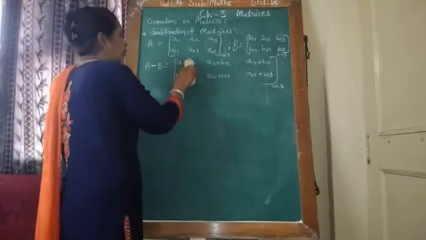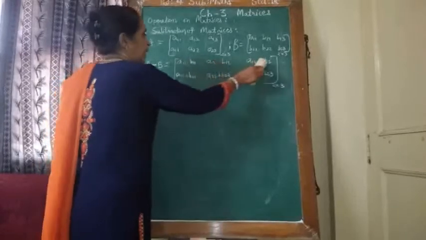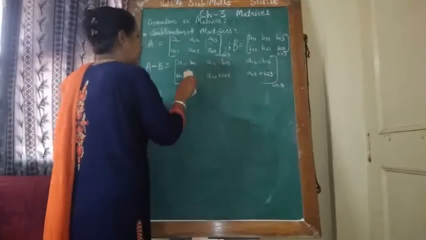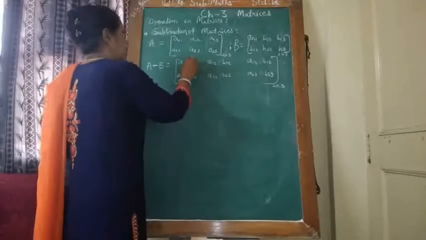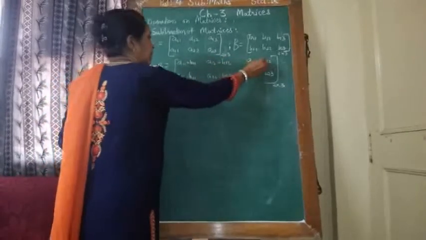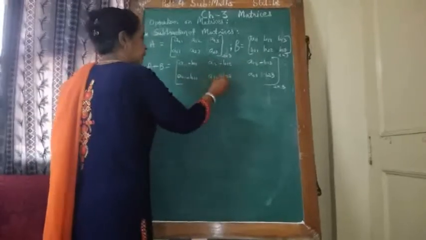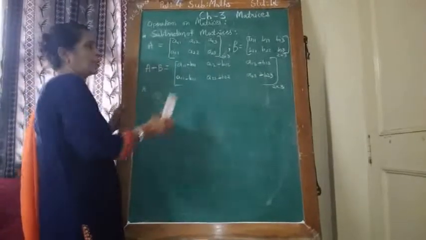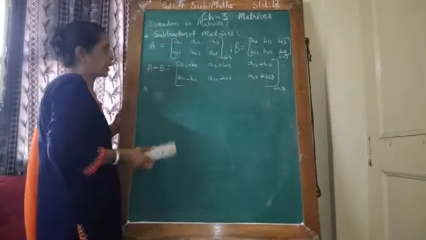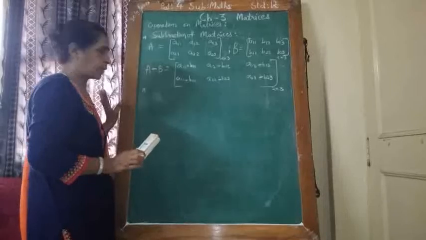Then what you have to do? Instead of addition, you put a negative sign. You have to do subtraction of corresponding elements. Clear? This way the output is also of order 2 cross 3, in matrix form A minus B.